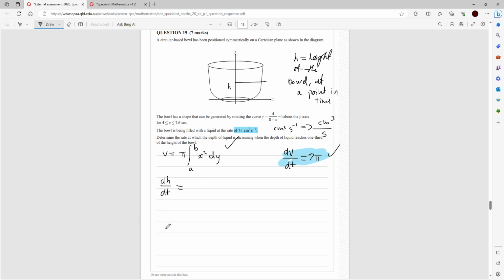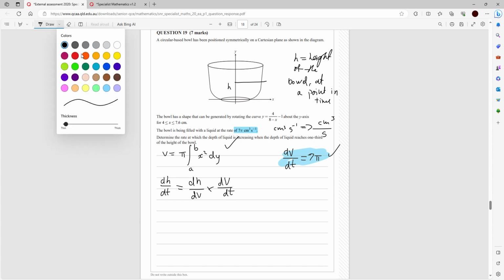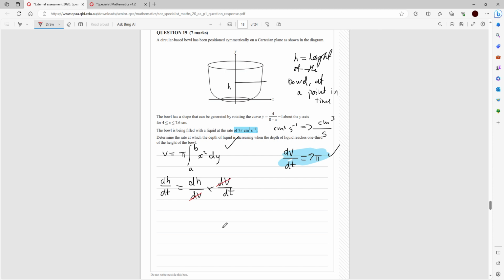Now, using pretty much related rates, we can rewrite this in terms of a chain rule expression. dh dt is the same as dh on dV times by dV dt, because you can see those would cancel out.